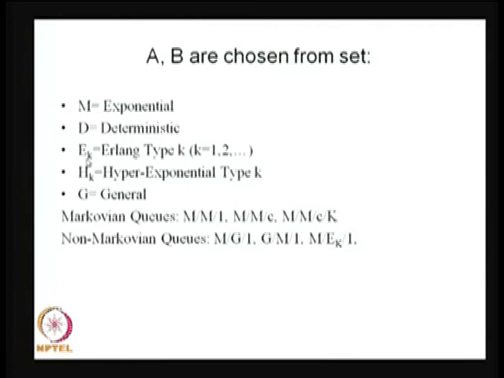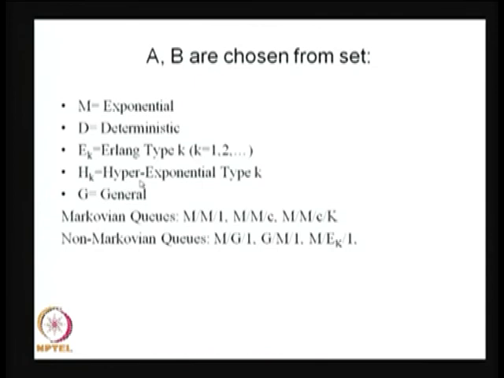Similarly, if you use the letter E suffix k, that means it is an Erlang distribution of type k, or Erlang distribution of stage k, which can be 1, 2 and so on. That means the inter-arrival time is Erlang distributed with stage k if you place it in the first letter. Similarly, H suffix k means a hyper exponential distribution of type k.